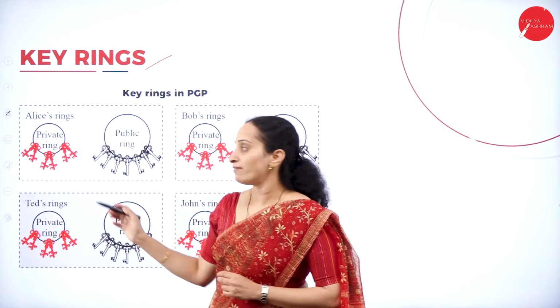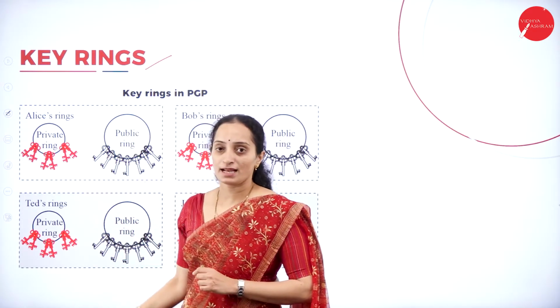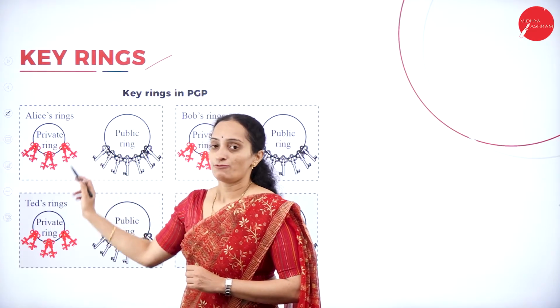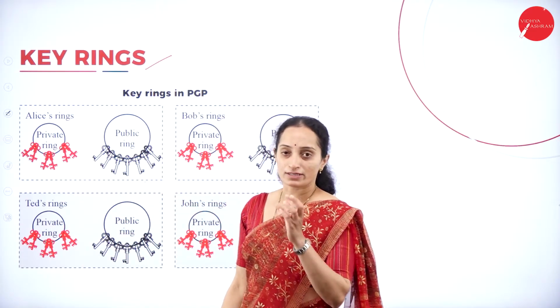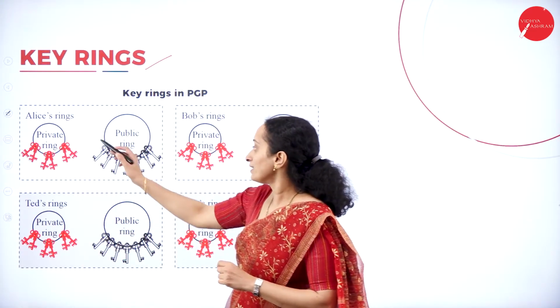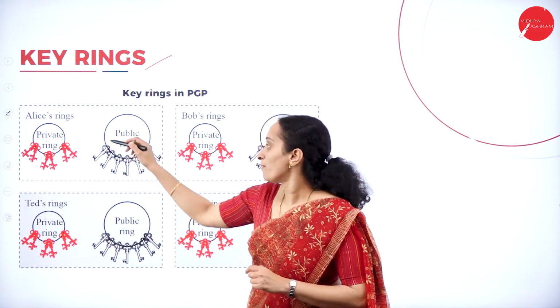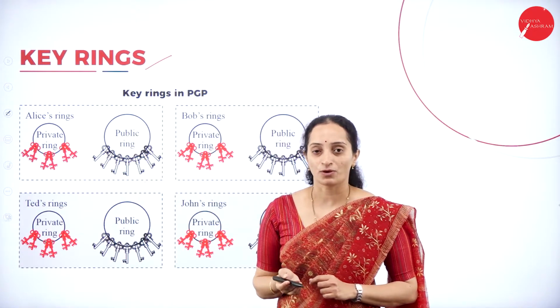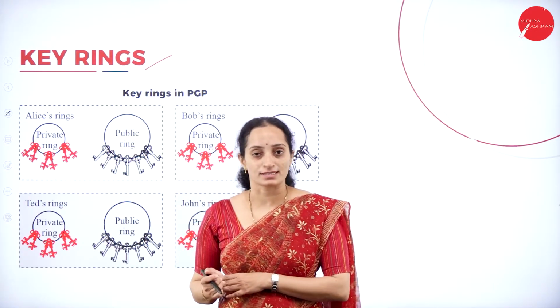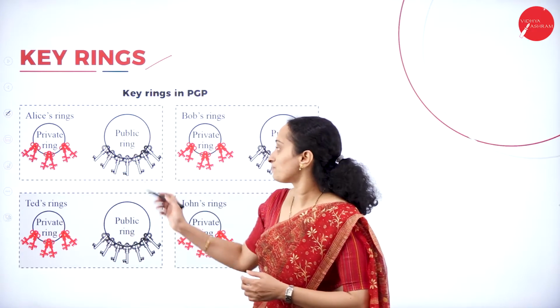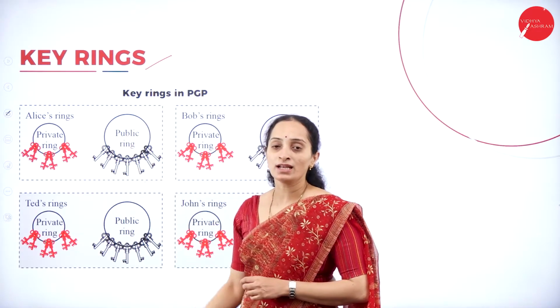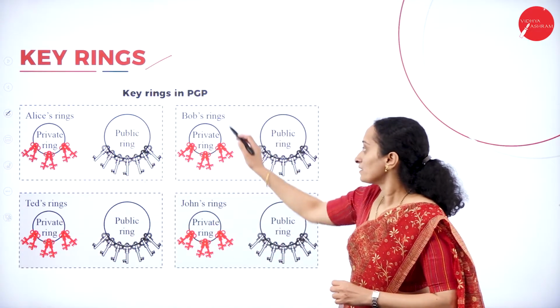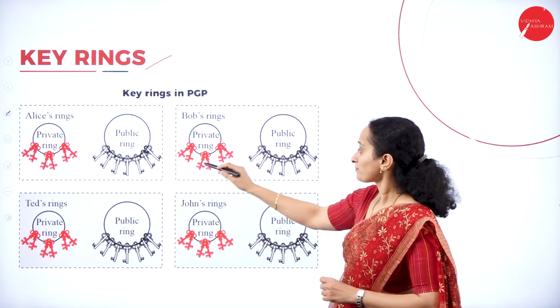Its own private and public key pair is stored as a ring. Another ring is the set of public keys of all the other receivers. All the other users' public keys will be stored in another ring. So this is Bob's ring.